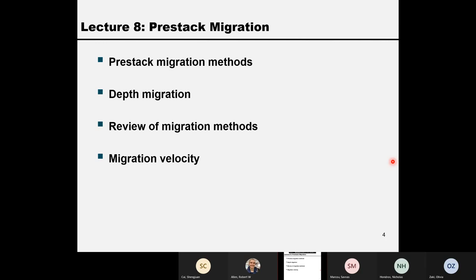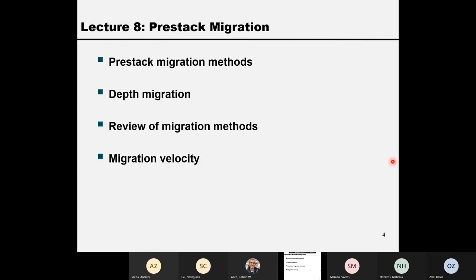As we mentioned in the previous session, ideally the image of migration should be in the depth domain, but because we don't have an accurate velocity model, we intended to image the seismic profile in the time domain. In this session, we try to get the ultimate good quality imaging, so we eventually want everything in the depth domain.